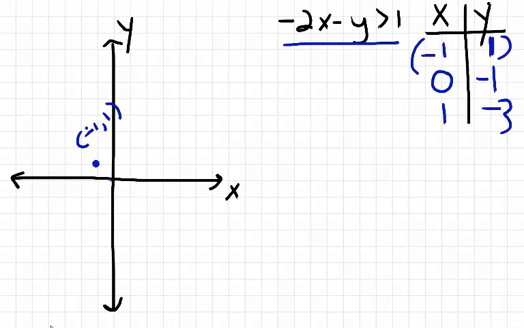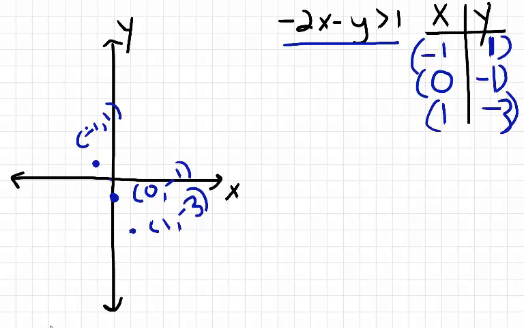My next ordered pair is 0, -1. So I start at the origin and then move down 1. My third ordered pair is 1, -3. So I move right along the x-axis 1 unit and down along the y-axis 3 units. I've plotted my 3 points.